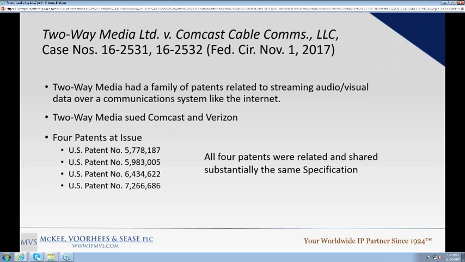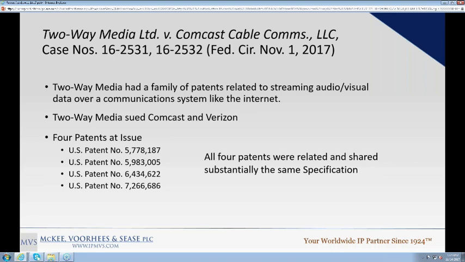Next case we're going to discuss is Two-Way Media versus Comcast. Two-Way Media had a family of 4 patents dealing with streaming audiovisual data over the internet. They sued Comcast and Verizon for infringement of those 4 patents.